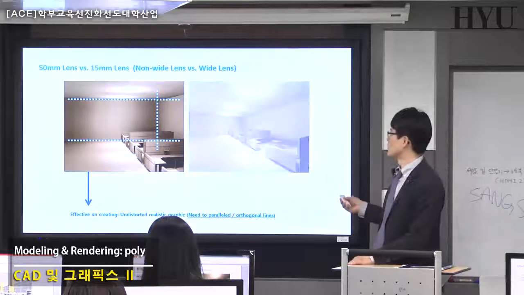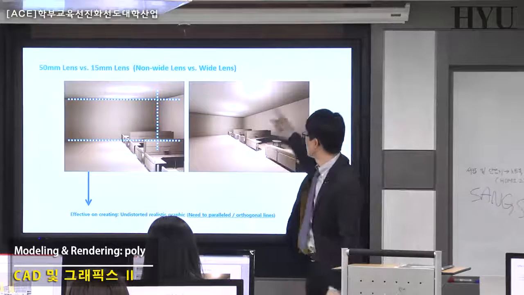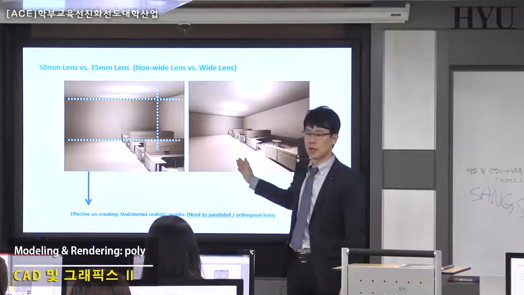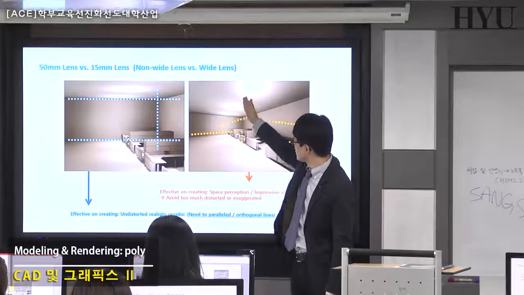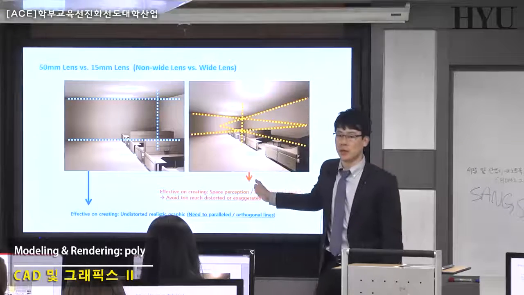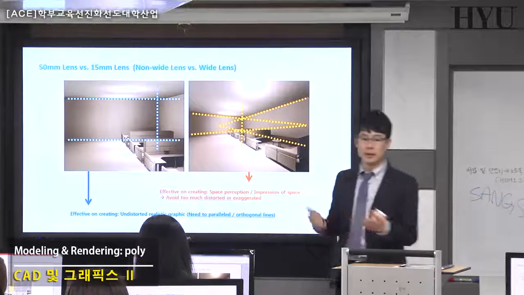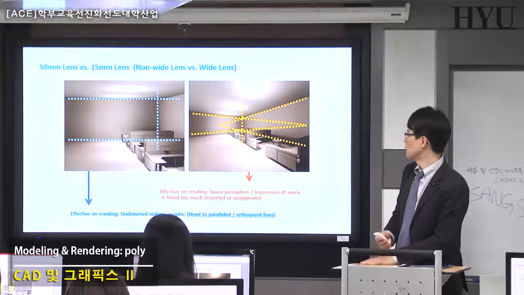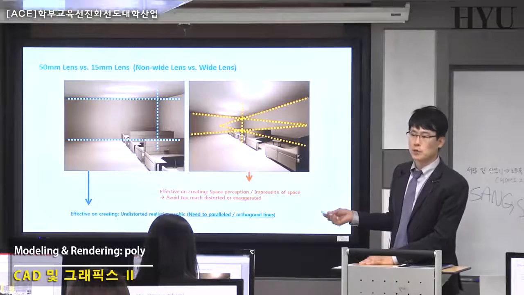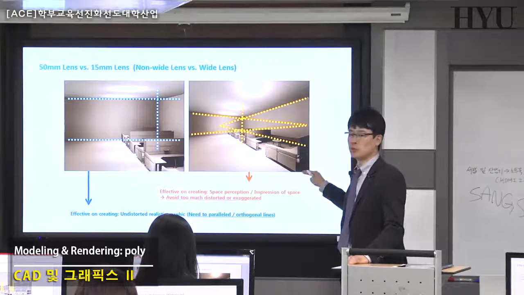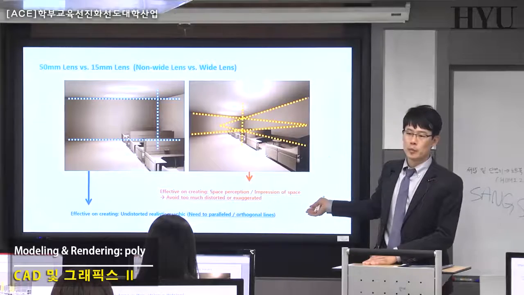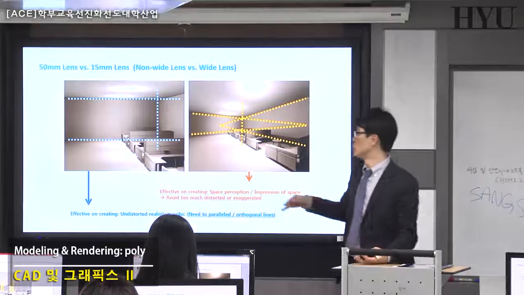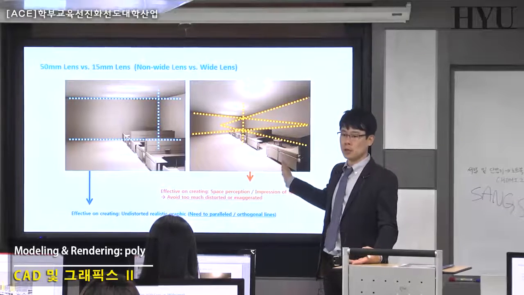That's my point, okay? That makes your final render scene look professional. Even if you have this kind of exaggerated or perspective lines, at least this line must be orthogonal, 90 degrees, perpendicular against your horizontal line, okay? Actually, I showed you this a year ago, but at the final project, only a few of you followed this very simple rule.